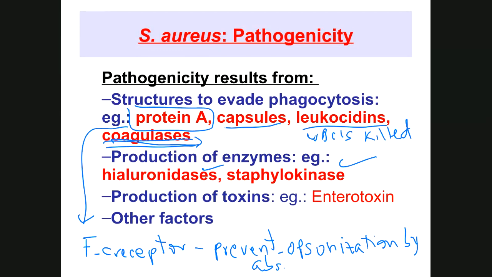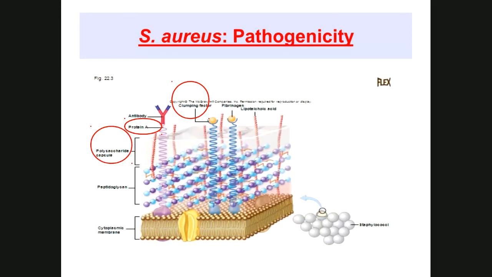As far as toxins, we'll mention a couple of toxins. We'll start with the enterotoxin, which is a toxin that affects the GI tract. This PowerPoint is showing you some of the virulence features of Staph aureus. It has protein A here, and it shows how protein A traps antibodies by the Fc region, preventing opsonization.